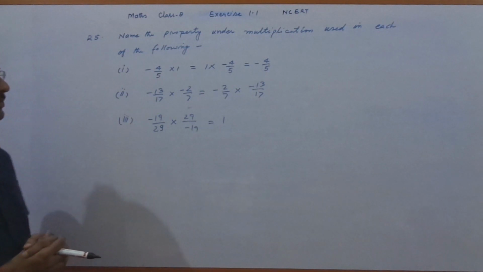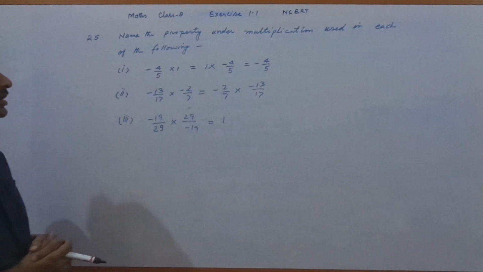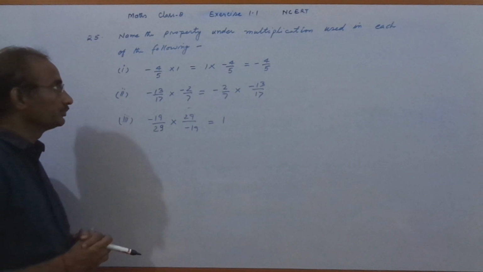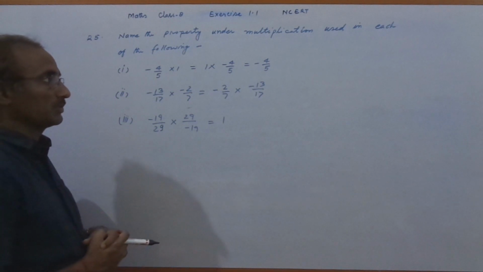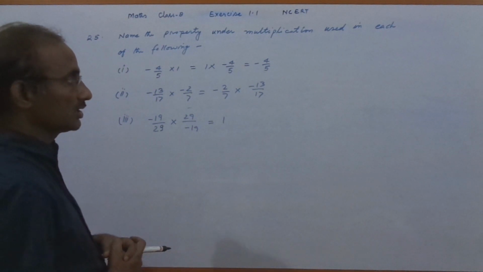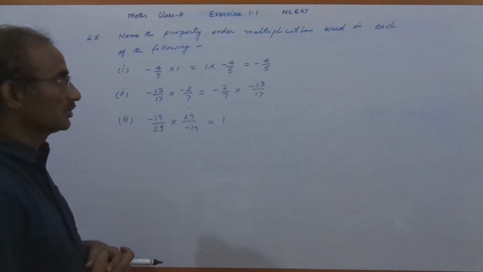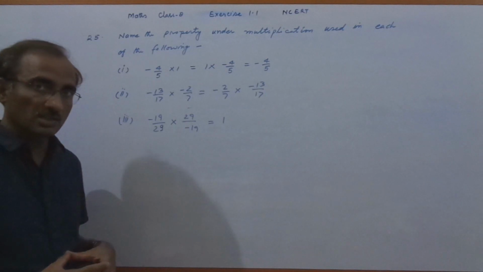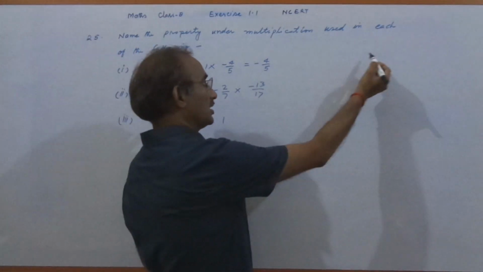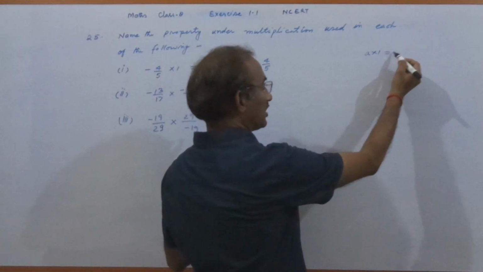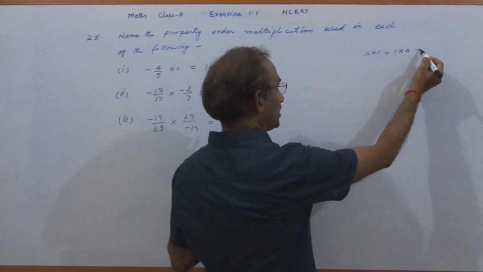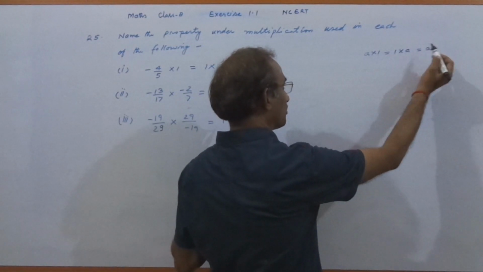Now come to the question number 5. Name the property under multiplication used in each of the following. The first is minus 4 upon 5 multiplied with 1 equal 1 multiplied with minus 4 upon 5 equal minus 4 upon 5. We have studied that if a is multiplied with 1 or 1 is multiplied with a, then we get the same number a.